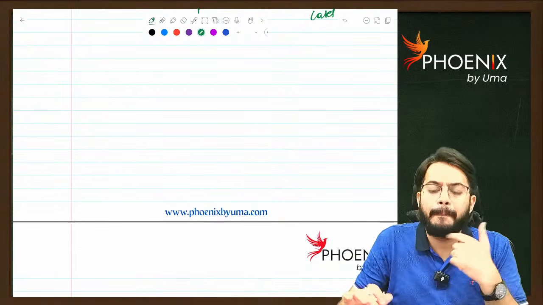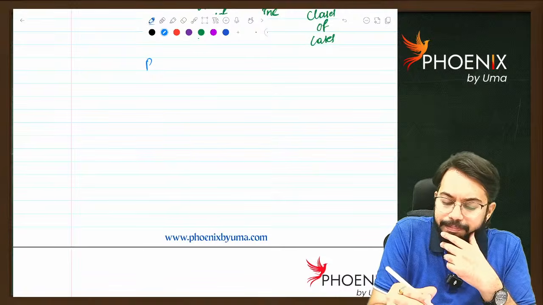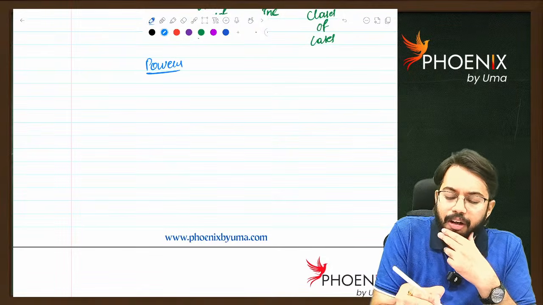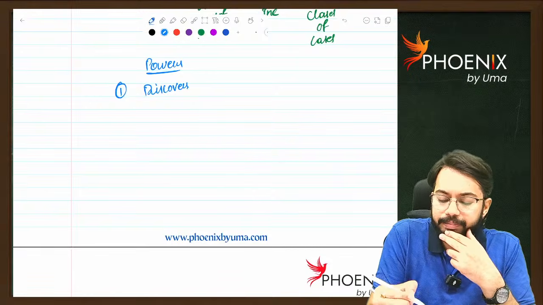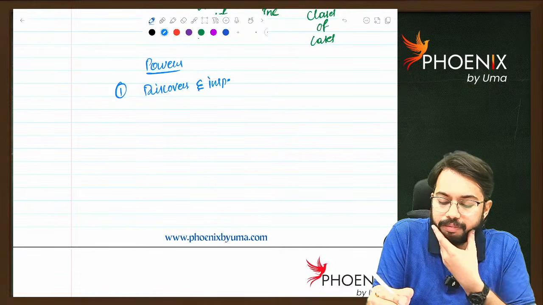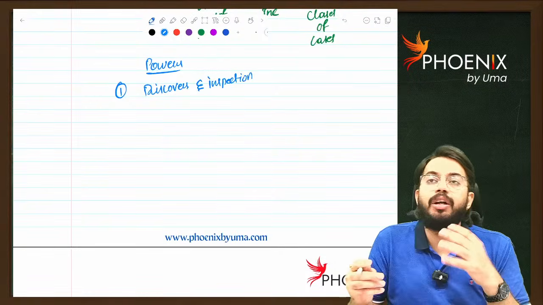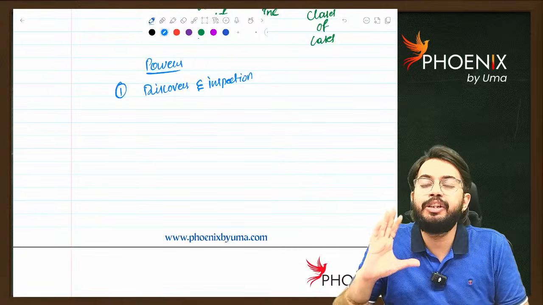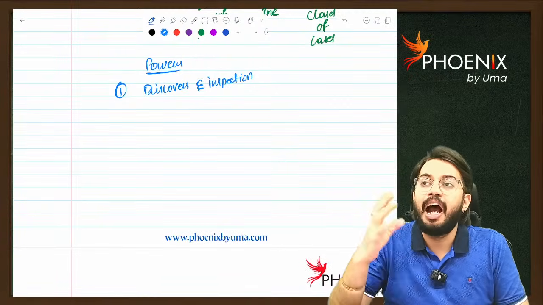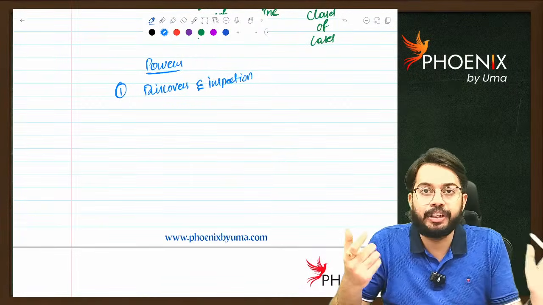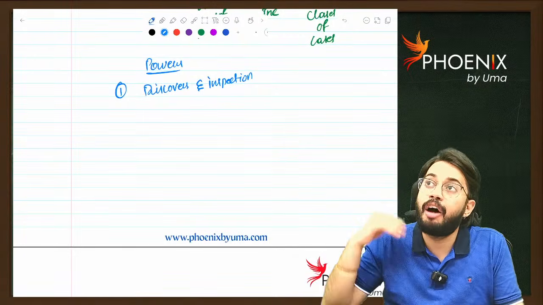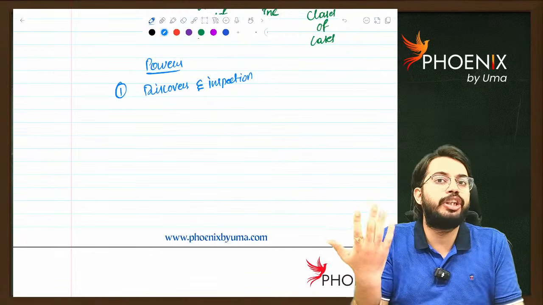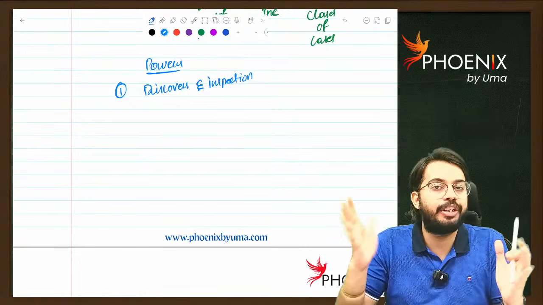Next, what are the powers of an income tax authority? Like, an income tax authority can do discovery and inspection. That means whatever my jurisdiction is, in that jurisdiction, I can go to any place, I can do inspection, I can do verification, subject to approval given by bosses or top bosses. After taking their approval, within my jurisdiction I can do verification, everything.